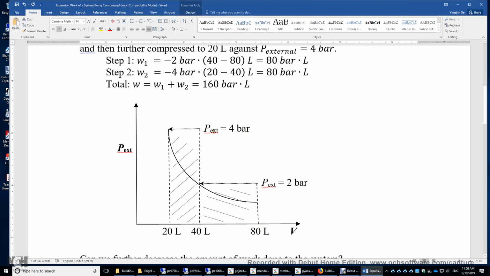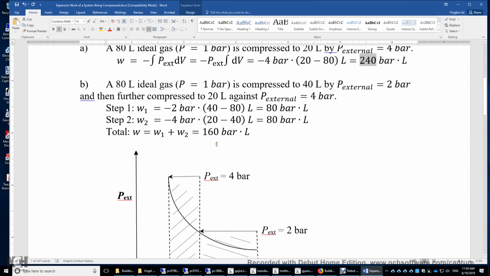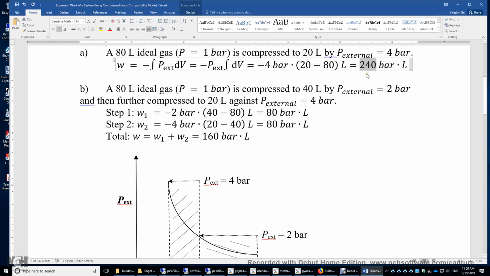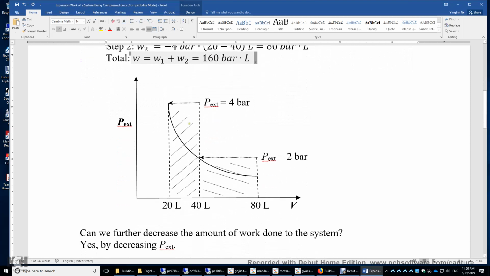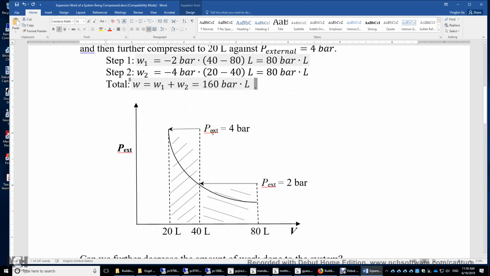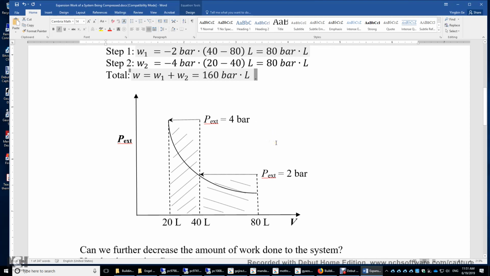So there's an area of 80 bar liter not being covered in this example B. Therefore, these two numbers differ by 80. So the point is, if we design a multi-step process, the amount of work done to the system may be smaller than the one-step process.